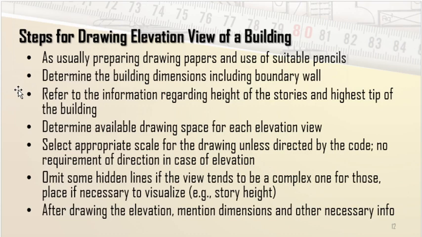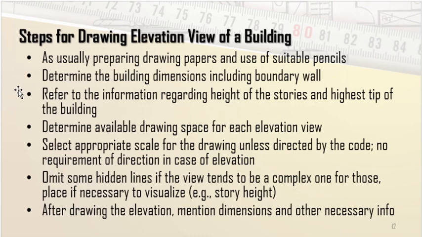And we must include some hidden lines if it is necessary to visualize. Say for example, we might include the slabs. We cannot see slabs from outside, but we cannot identify the stories properly or accurately if we don't know where the actual slab is. So we can give the slabs using hidden lines if we wish.